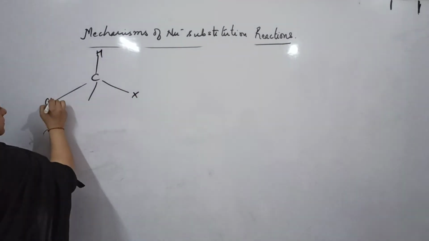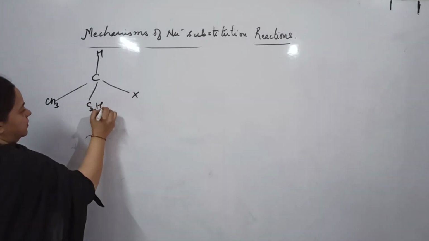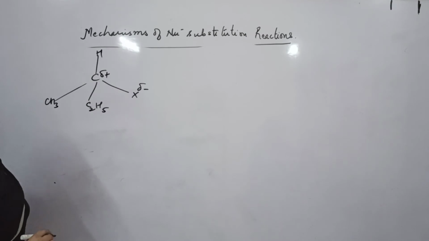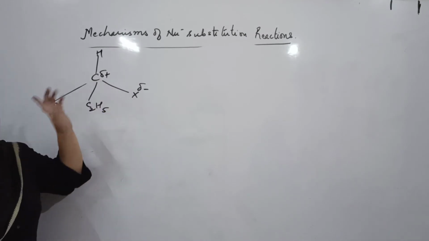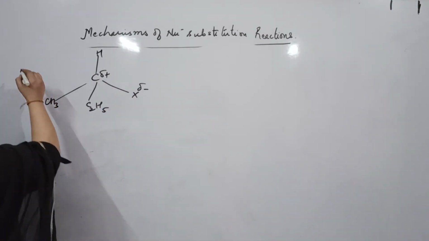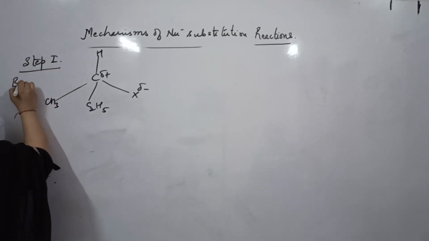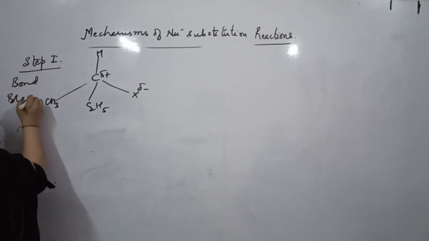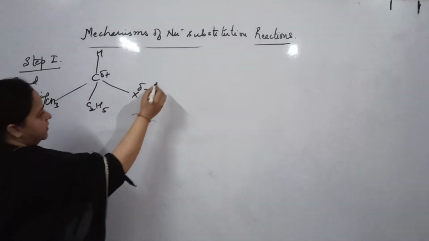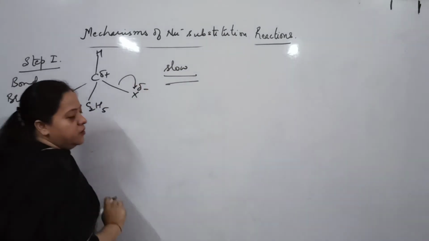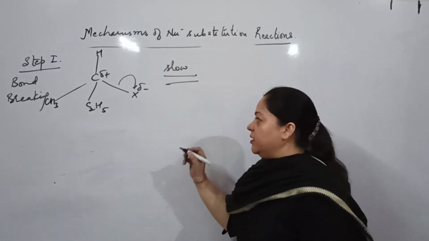One hydrogen, second ethyl, third is ethyl. Partial negative and partial positive charge, partial negative on halogen and partial positive on carbon. Step 1 is bond breaking, and this step is a slow rate determining step where the carbon halogen bond breaks.